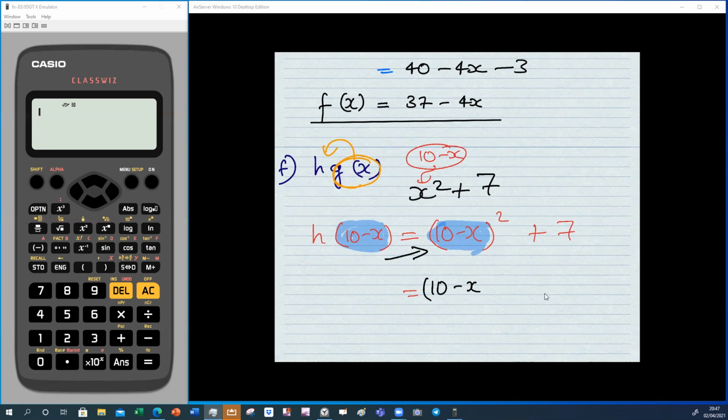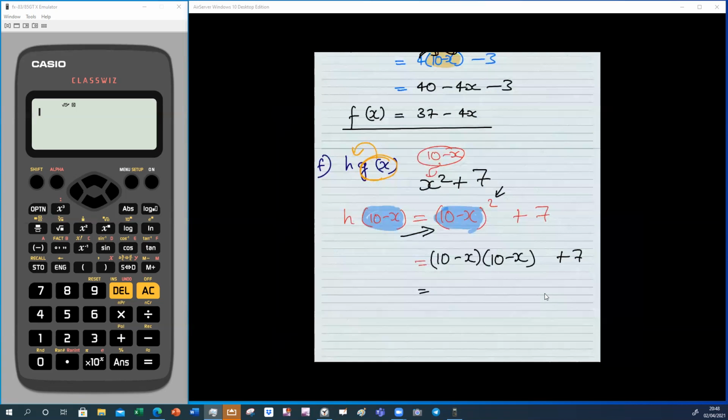So what does 10 minus x squared mean? 10 minus x times by 10 minus x. So let's multiply that then. 100 minus 10x minus 10x.